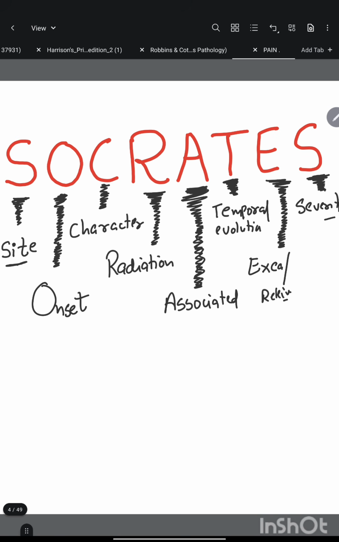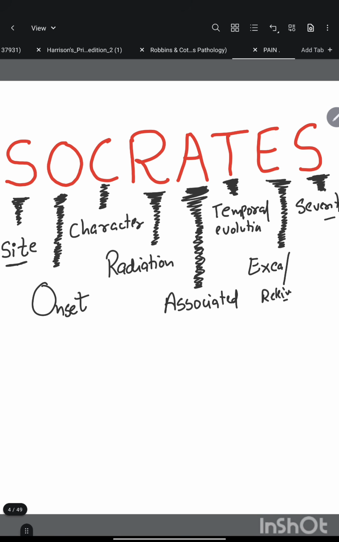Then associated symptoms. Pain associated with diaphoresis, pain associated with breathlessness gives us many differential diagnoses. Hence, associated symptoms are also important. Then the temporal evaluation. Is the pain static? Is the pain progressive in nature? Then exacerbating and relieving factors.